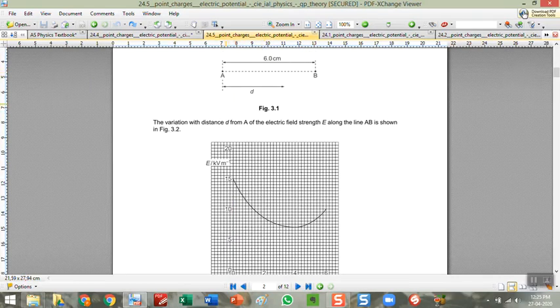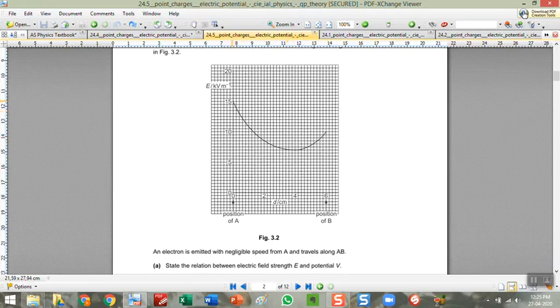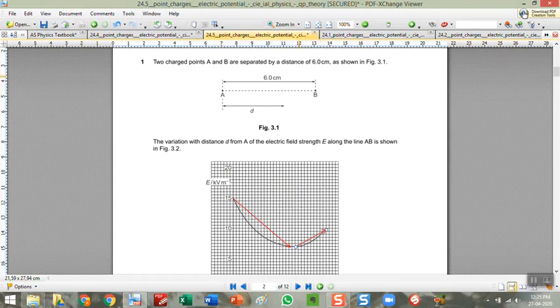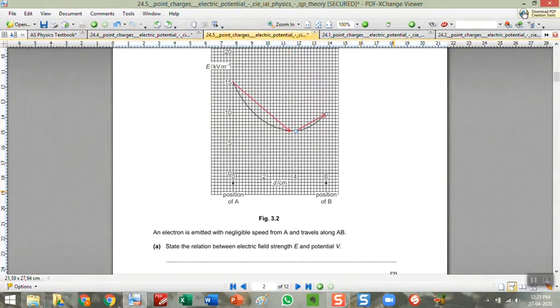It's not the surface of a nucleus or something like that. What we can see here is that it decreases up to a point and then it increases again. That tells me that these two must have opposite signs, because the field never becomes zero. It never goes through the x-axis.